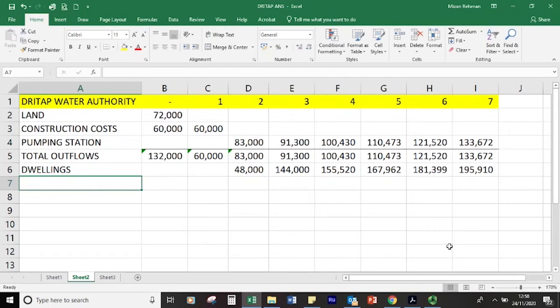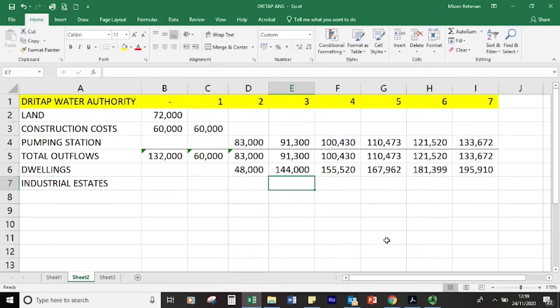What is happening with the industrial estates? The forecasts are that the industrial estates will consume water at the rate of 2 million gallons from the beginning of year 3. Okay, so industrial estates, year 3.